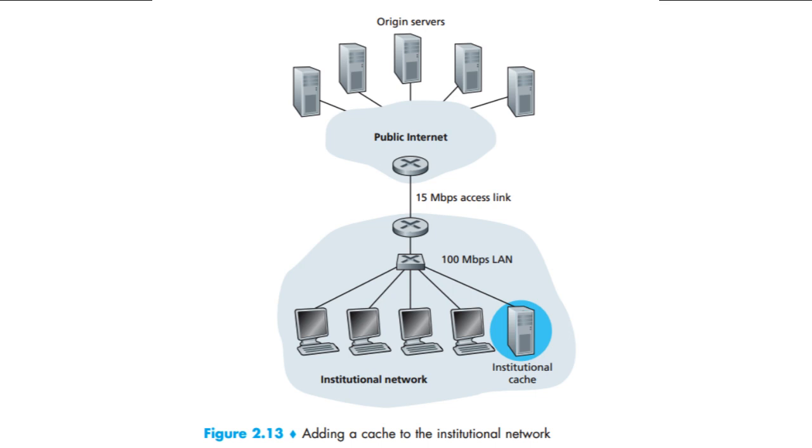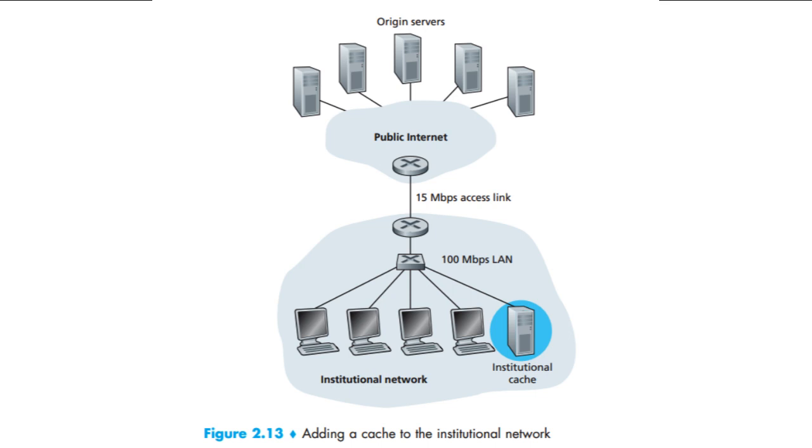The institution does of course have to purchase and install a web cache, but this cost is low. Many caches use public domain software that runs on inexpensive servers and PCs.